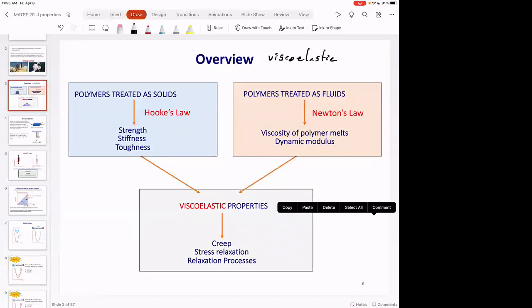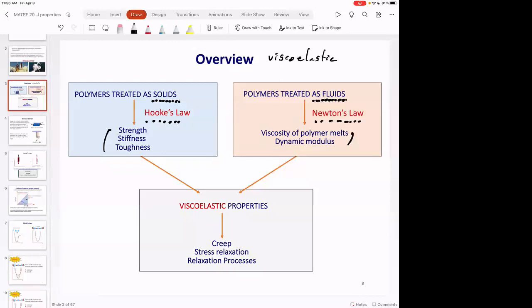And so we need some basic understanding of how liquids behave, what the viscosity is, and what the behavior of elastic solids is, and that's handled by Hooke's law.